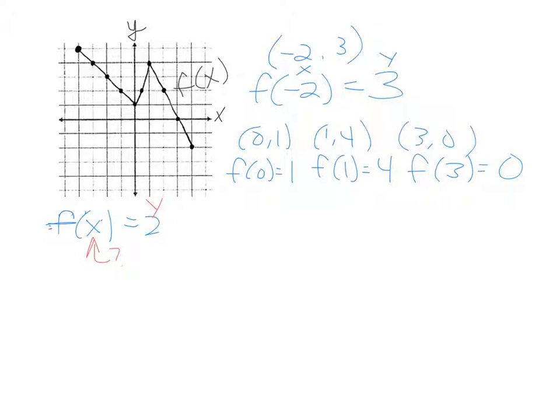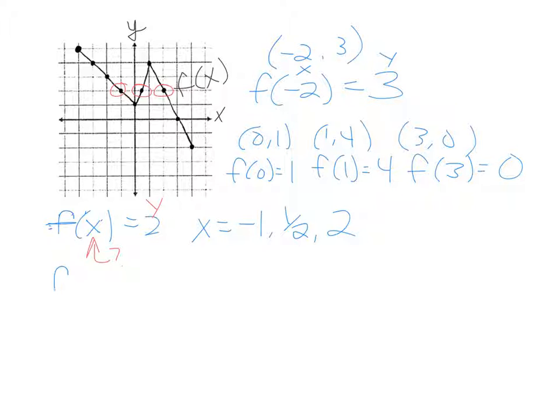So where y is 2, I see 3 points. 1, 2, 3. The values of x every time y is 2 would be -1, and then it looks like that middle point is about at 1/2, and then at +2.